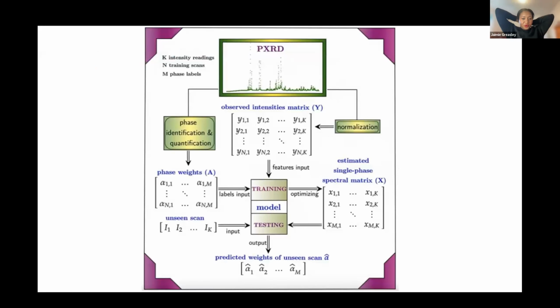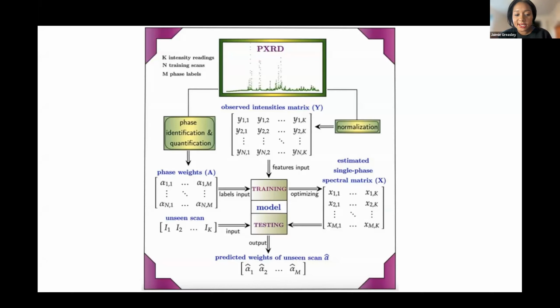In summary, it's summarized by this abstract. We have the powder X-ray diffraction profile that we've identified, labeled, and quantified. We have the training alphas. For each point, all of our training sets and their weights go into the training model, we optimize, and we get something like a spectral matrix for each phase that is possible.